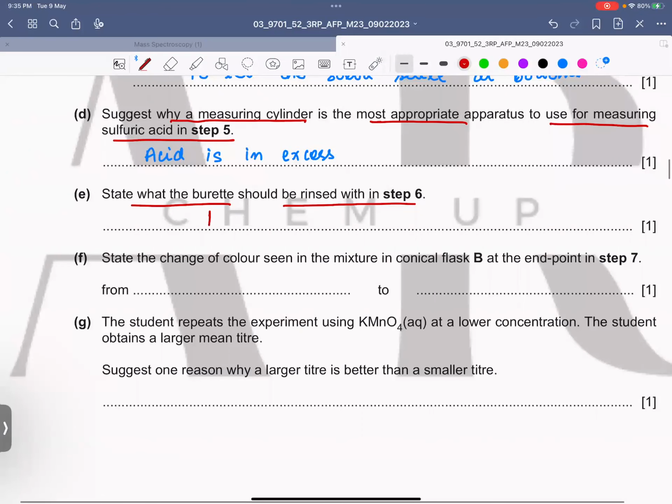So here we would write that KMnO4 aqueous is used to rinse the burette. Is this clear to everyone? Yes. Okay.